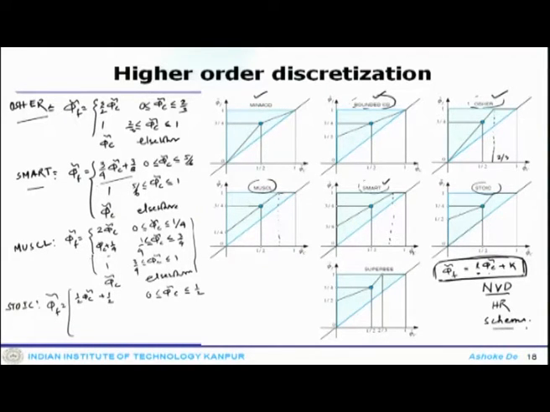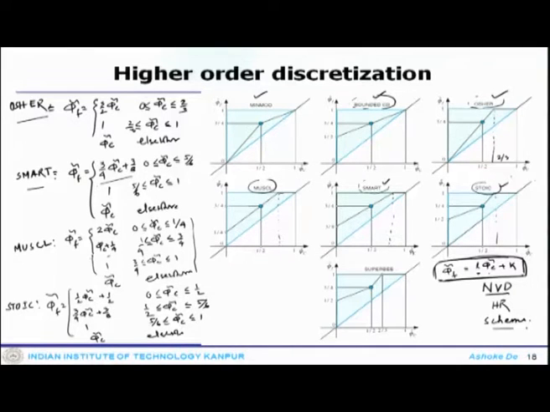So this is the line. Then it is 3/4 phi c plus 3/8 if it lies between half and 5/6. So half and 5/6, this is the line, and after that it is 1 between 5/6 and 1, and elsewhere it is phi c. So that is how the STOIC profile looks.